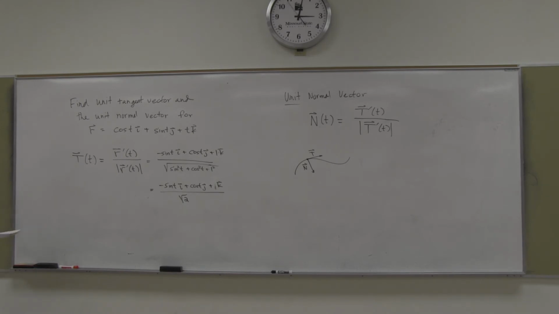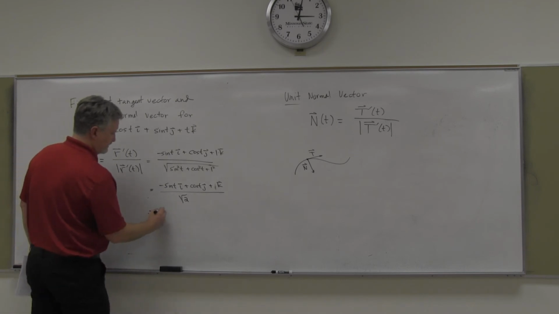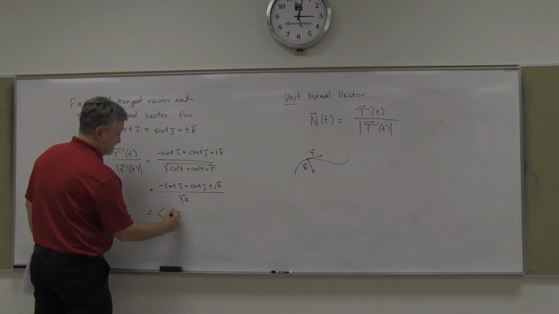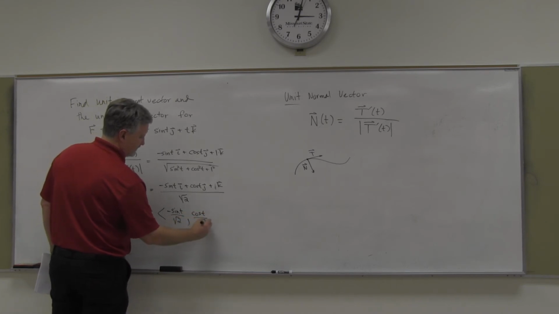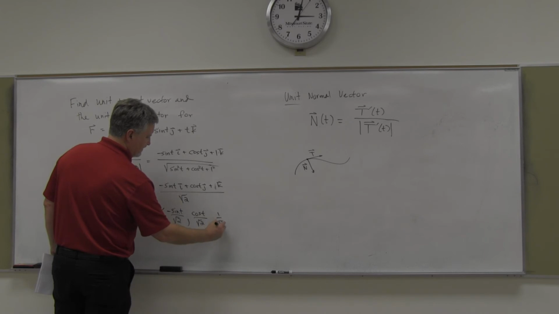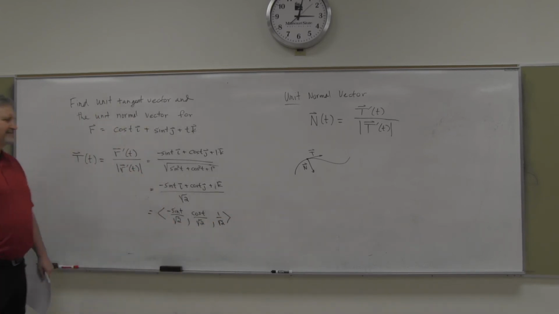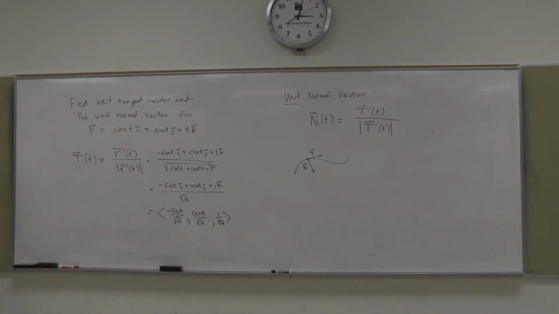You could write it that way, or write negative sine t divided by the square root of 2 for each component. That's the unit tangent vector.